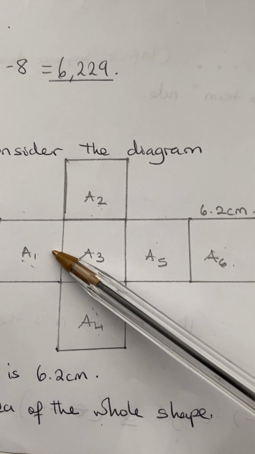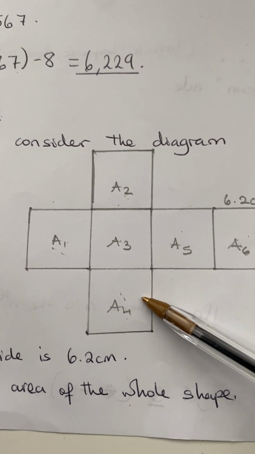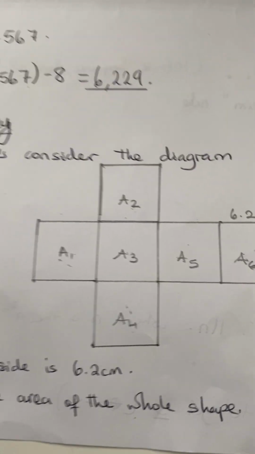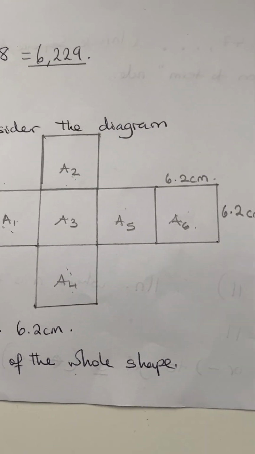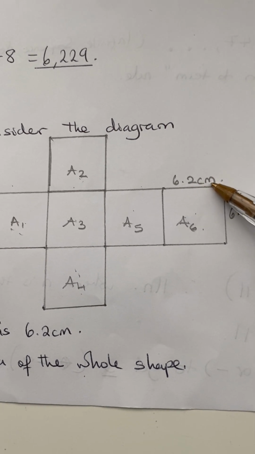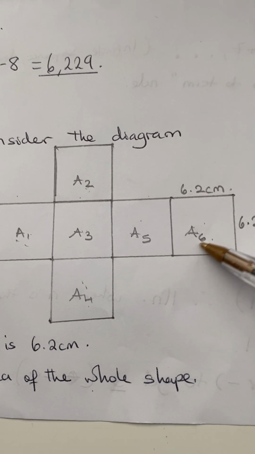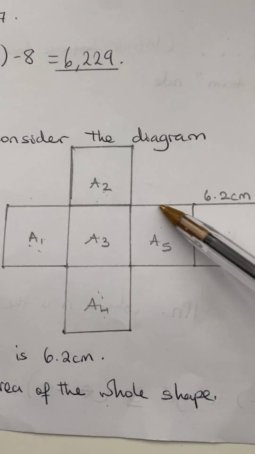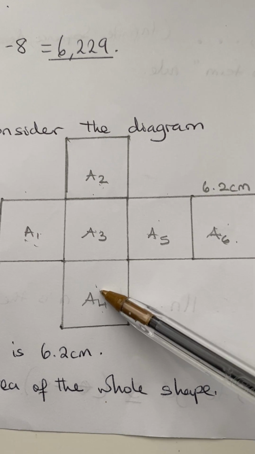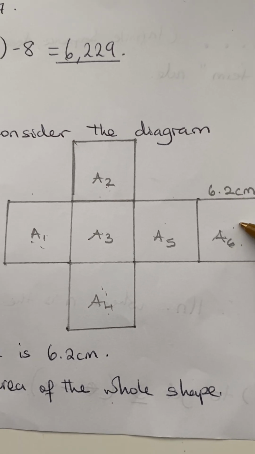It is a square, 1, 2, 3, 4, 5, 6. We have 6 squares all put together. Now each side is 6.2 centimeters. So all I need to do is to find one square and then multiply by 1, 2, 3, 4, 5, 6, and then I'll find the area of both.